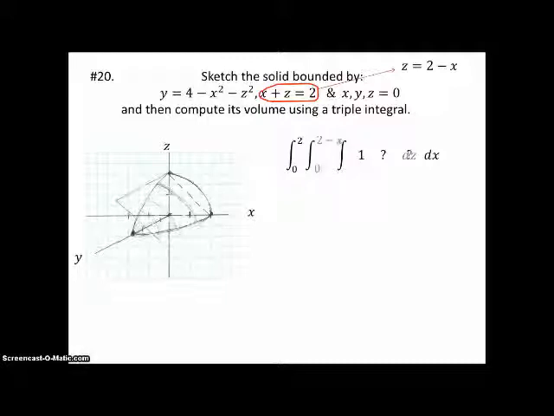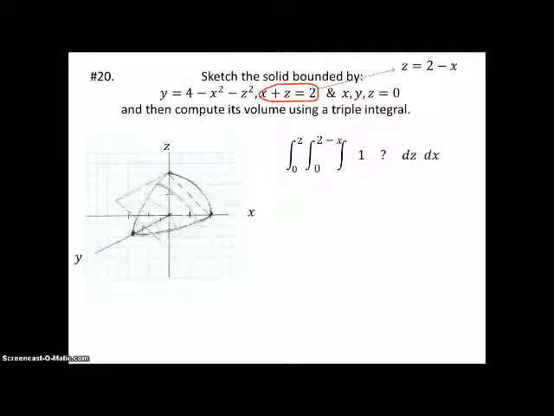So then the next one I'm going to integrate using z because z has to hand off an x function, and y is not expressed as a function in x alone, but z is. So z is going to go from 0, that means the xy plane, up to the plane described by x plus z equals 2.